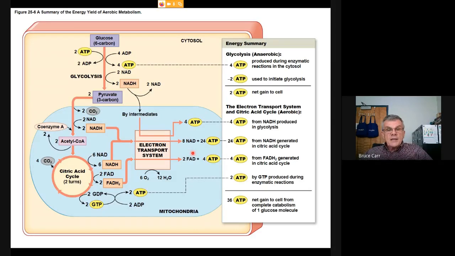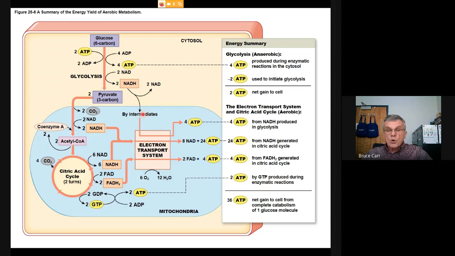So this is the overall balance sheet for glucose conversion in cellular respiration. The glucose in the cytosol goes through glycolysis. Glycolysis means sugar splitting. It uses 2 and makes 4 ATP. So plus 4 minus 2, a net gain of 2 right here. But it also makes 2 NADH.